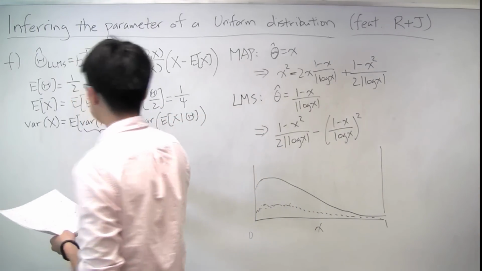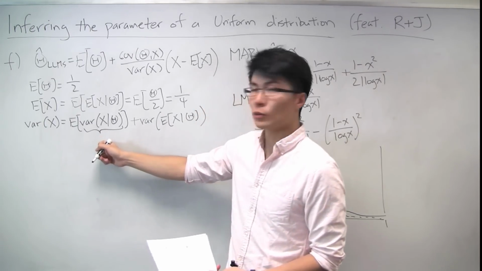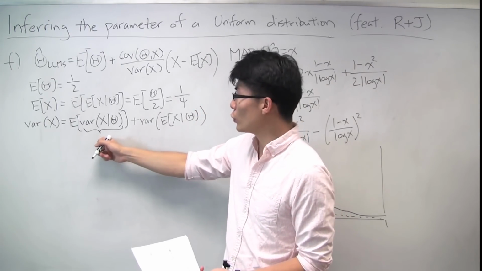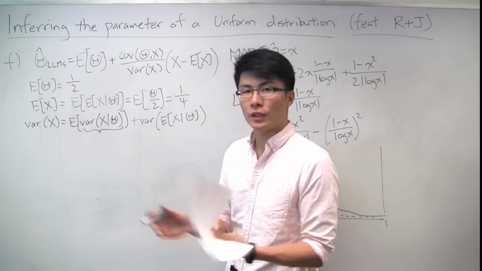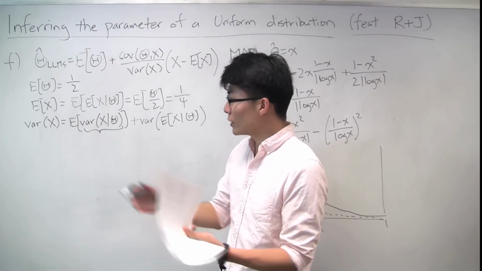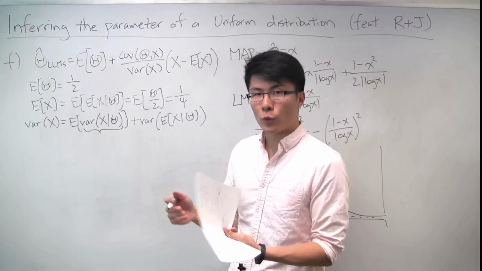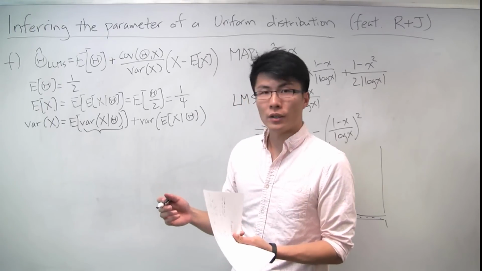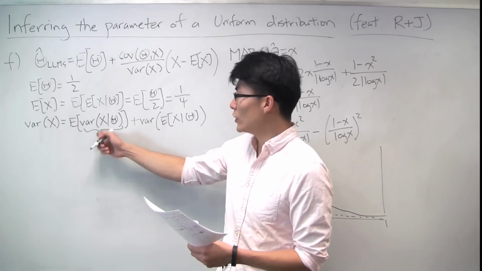What is the conditional variance of x given theta? Well, given theta, x we know is uniformly distributed between 0 and theta. And remember, for uniform distribution of width c, the variance of that uniform distribution is just c squared over 12. And so in this case, what is the width of this uniform distribution?